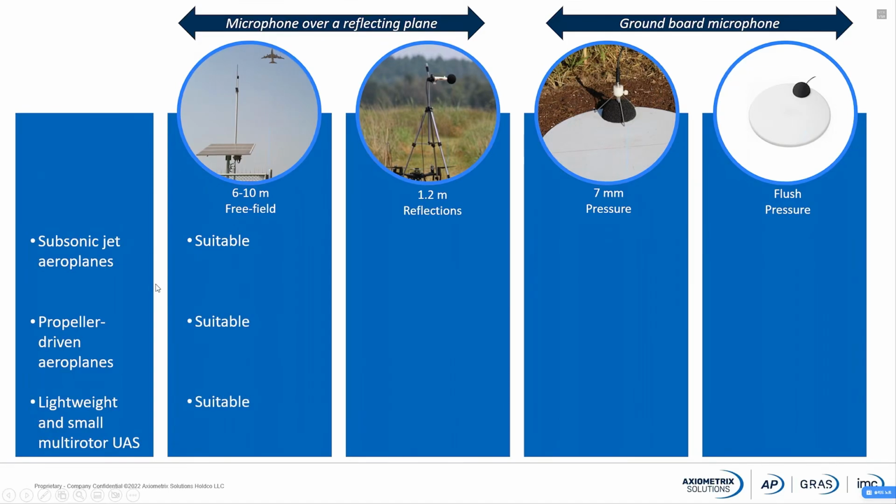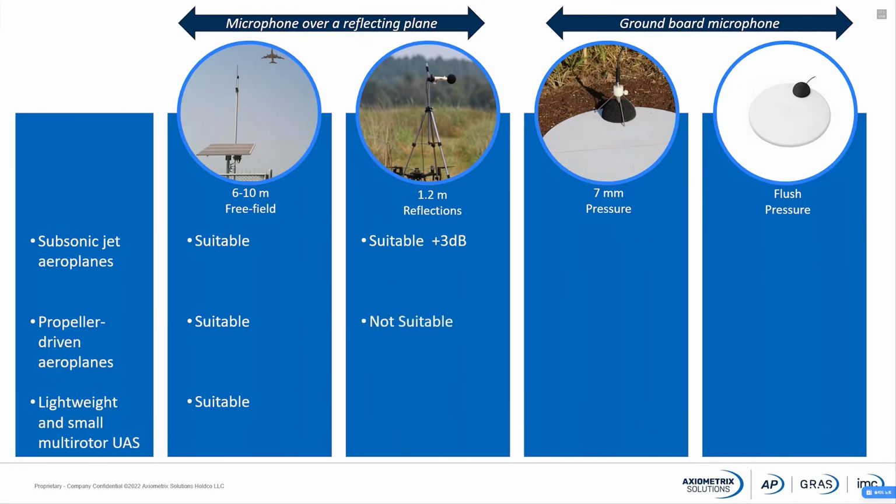So this is suitable for all 3 different kinds of flying vehicles. If you take the 1.2 meter configuration, then it is suitable for subsonic jet airplanes with a plus 3 dB.